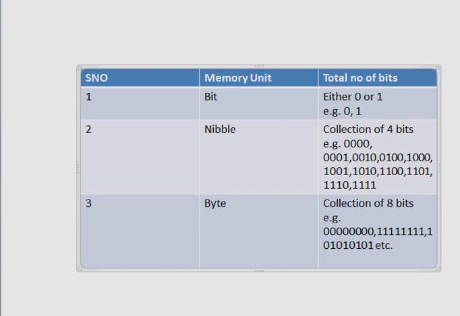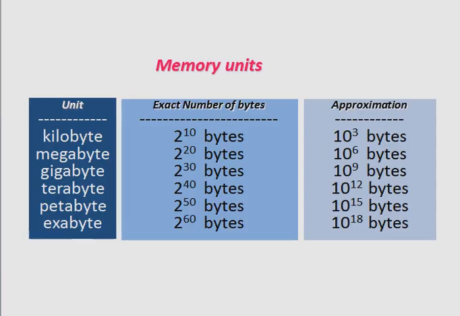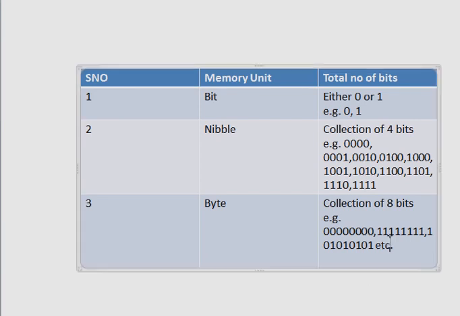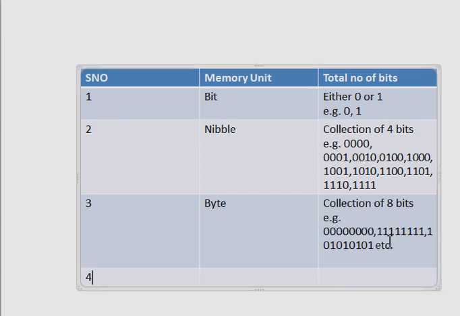Going ahead with the higher units, you can see a chart here. Memory units are further created as kilobyte. What a kilobyte means here, I have written as 2 raised to power 10 bytes. So if you want to understand kilobyte, we are saying KB, kilobytes.